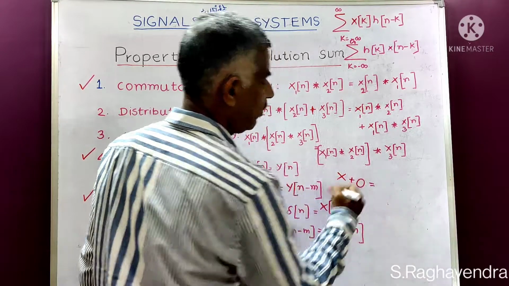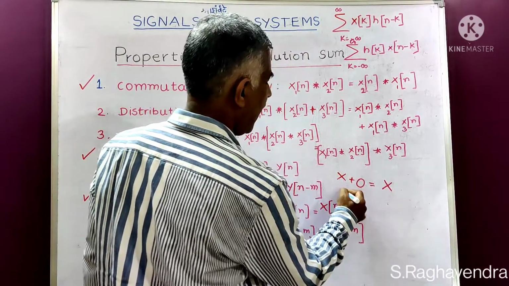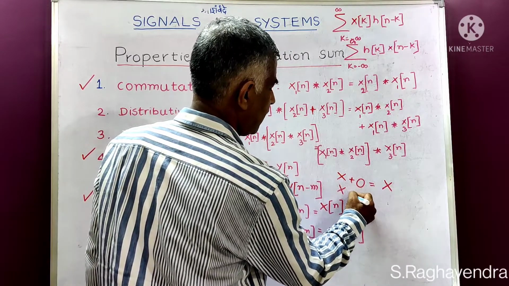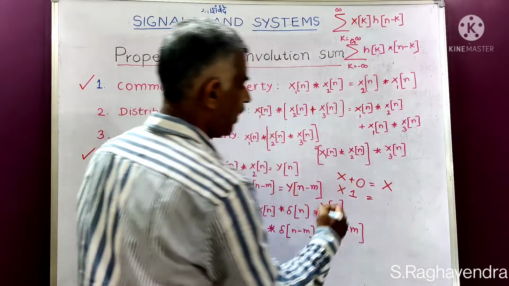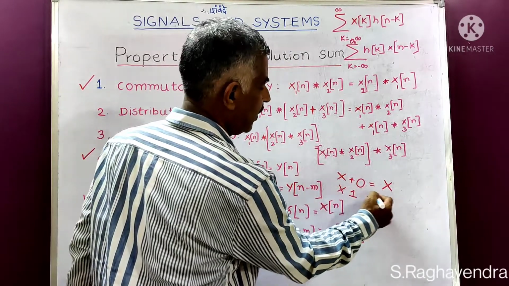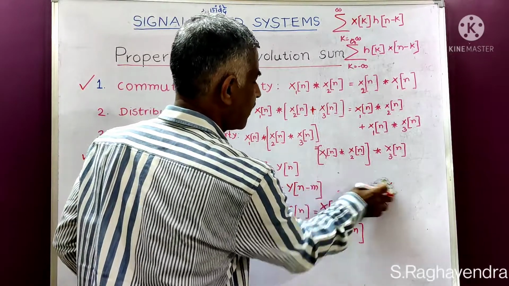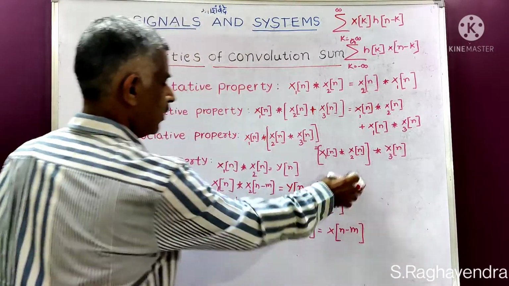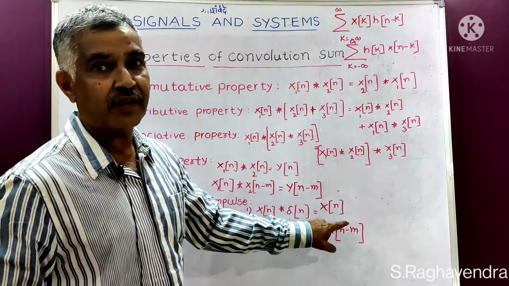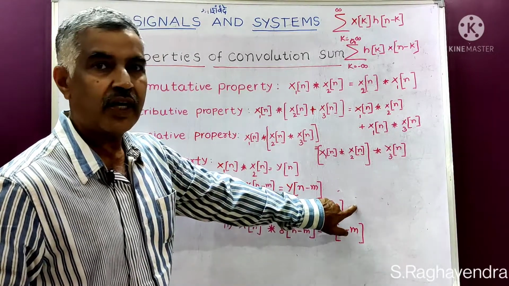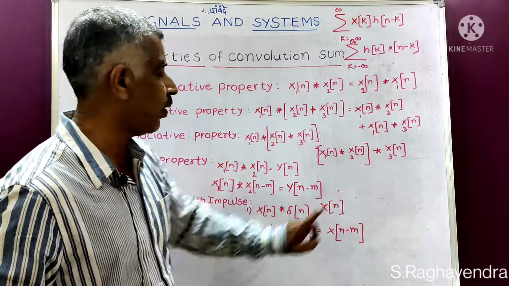What is x plus 0 in logic design? x plus 0 is x, and x into 1 is x. Like this, in signals and systems, any function convolving with an impulse function is the function itself. Very frequently we come across this property, so while solving problems I will make use of it.